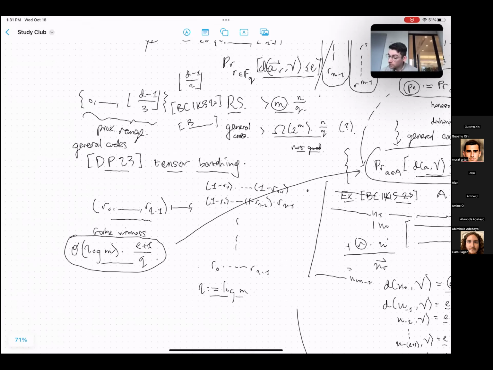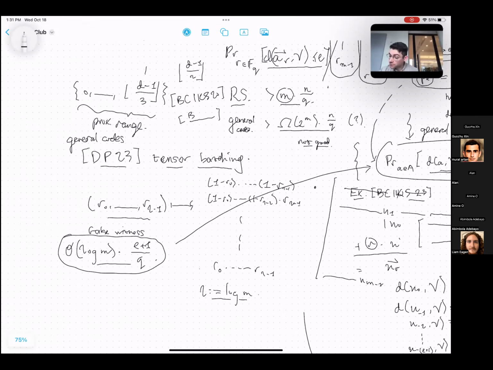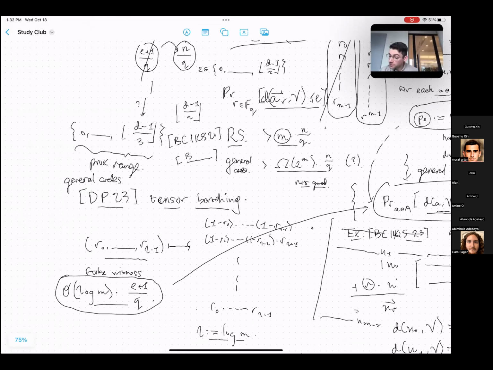So again, this is a question mark, if this can be improved to d minus 1 over 2.